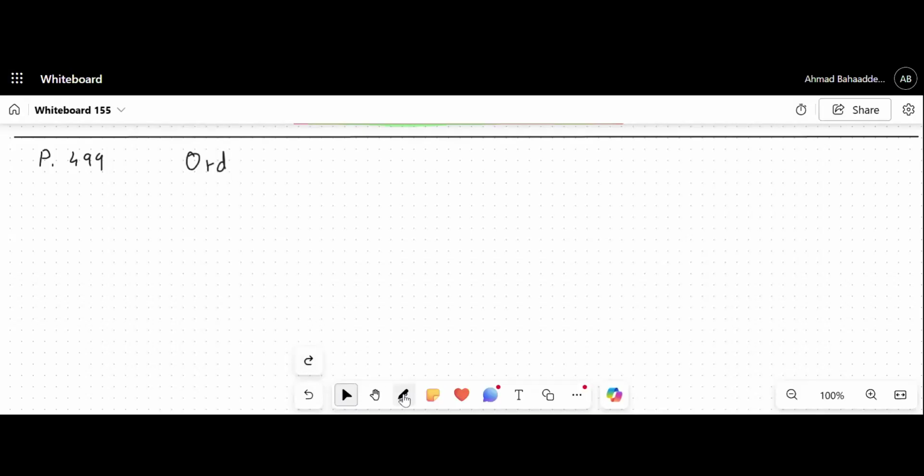I'm just going to show you guys some important things about how you take the order for positive and negative numbers. So it's important when you compare positive and negative numbers. It's very important.